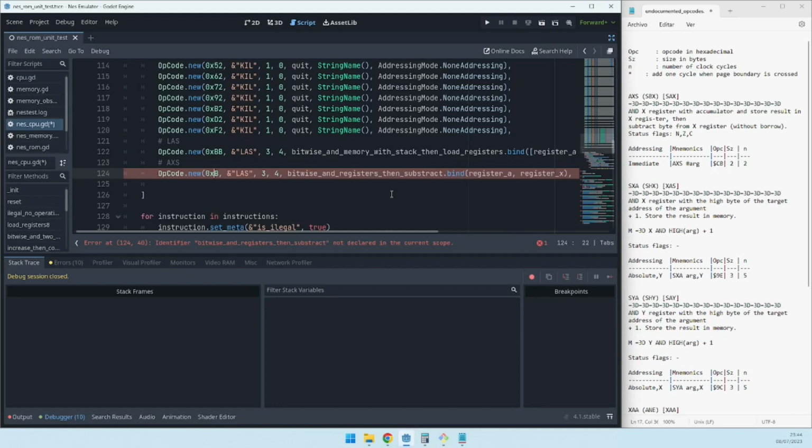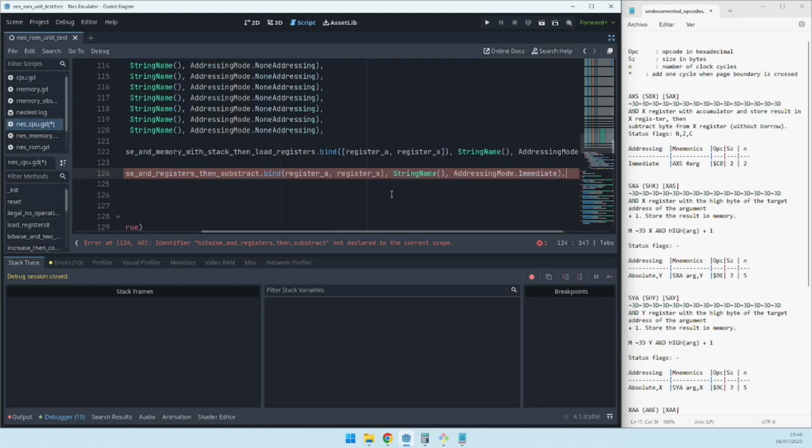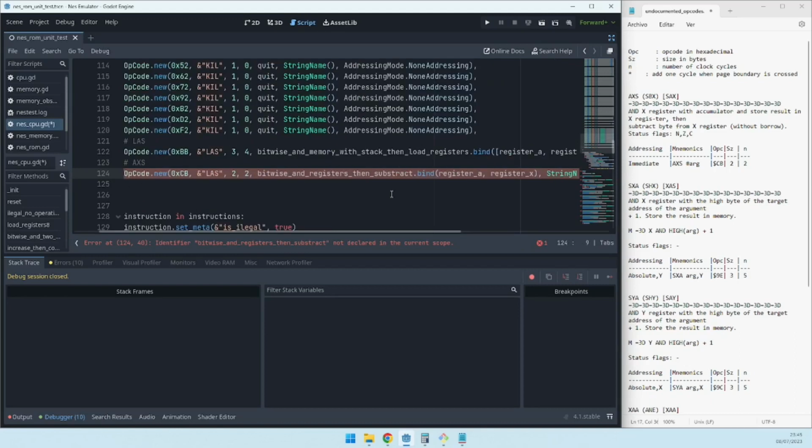And the opcode is CB. It takes 2 cycles, and it's called AXS. Okay.